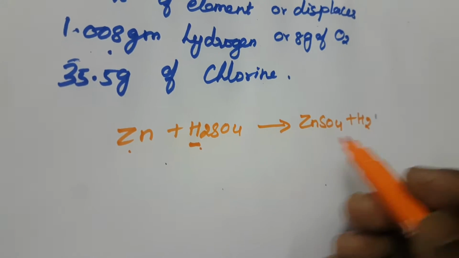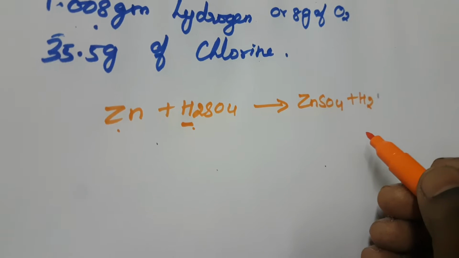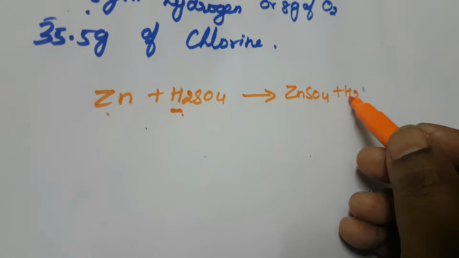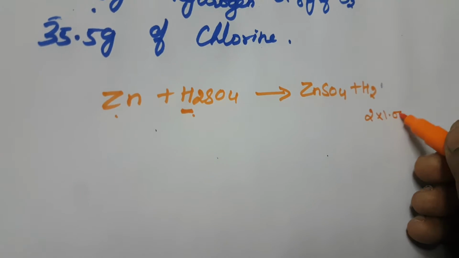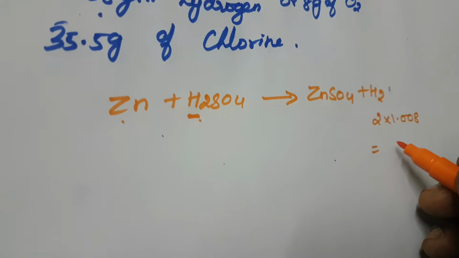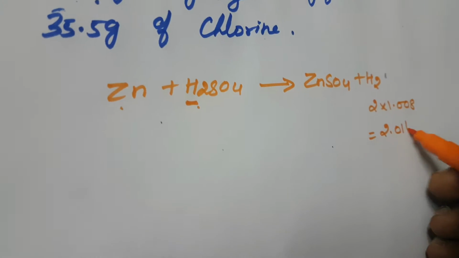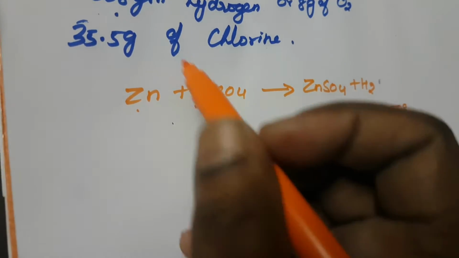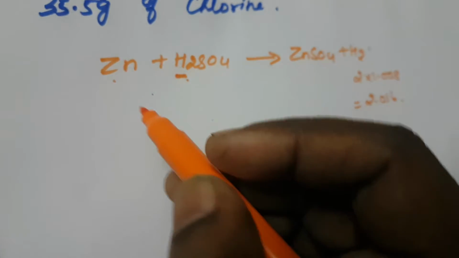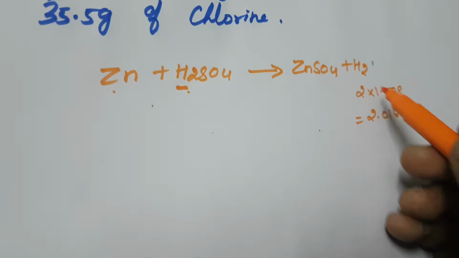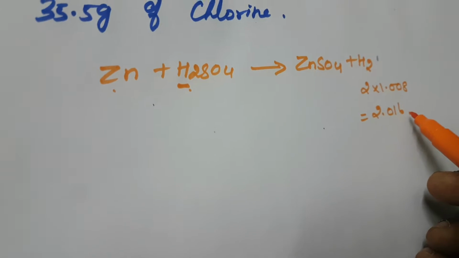So in this reaction 1 mole of zinc displaces 1 mole of hydrogen. The mass of 1 molecule of hydrogen is 2 into 1.008, which is 2.016. So 1 mole of zinc displaces 2.016 gram of hydrogen.